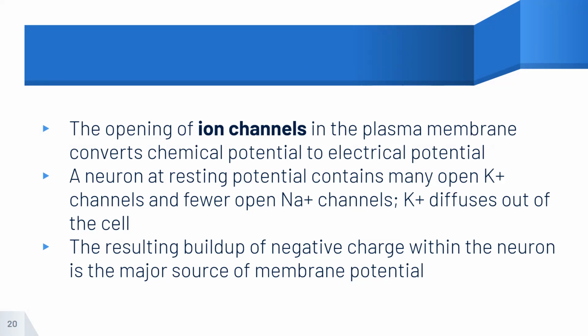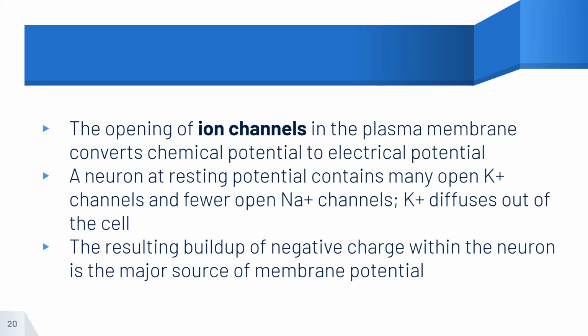And then when we're looking at action potentials, we've got ion-gated channels opening and closing. Those ion channels are going to be embedded in the cell membrane of the neuron all the way down the axon. And so at resting potential, those ion channels are closed. The sodium-potassium pump is working to keep sodium out and potassium in.